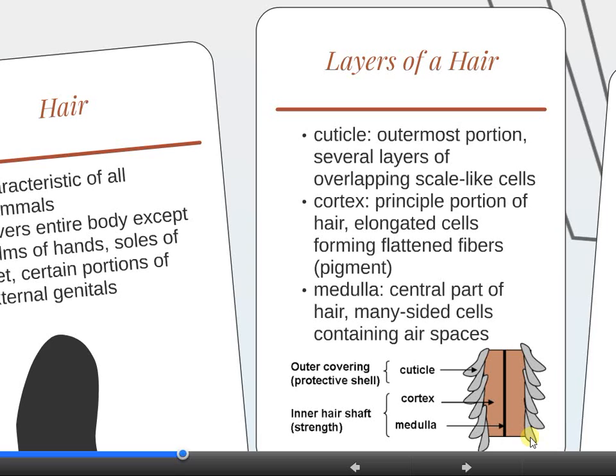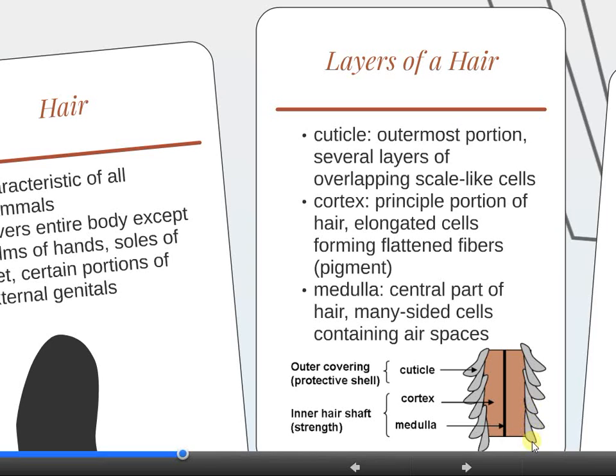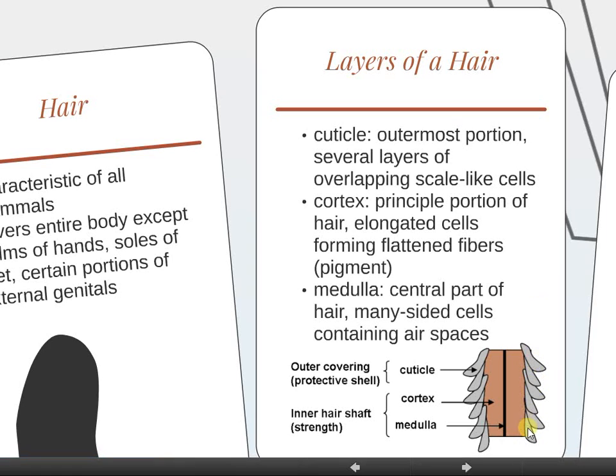And if you run it the other direction, it will feel rougher. That's because when you run it away from the head, your fingers are going with the direction of the scales. When you run it backwards, you're going against the direction of the scales, and that's why it feels rough. So that's the cuticle. That's the outermost portion.